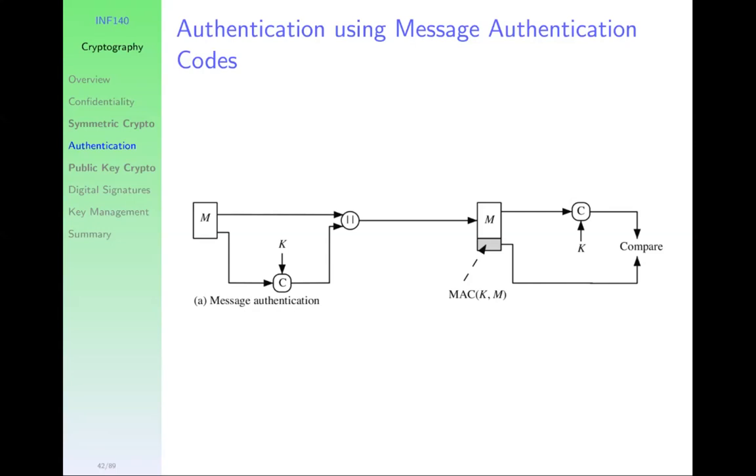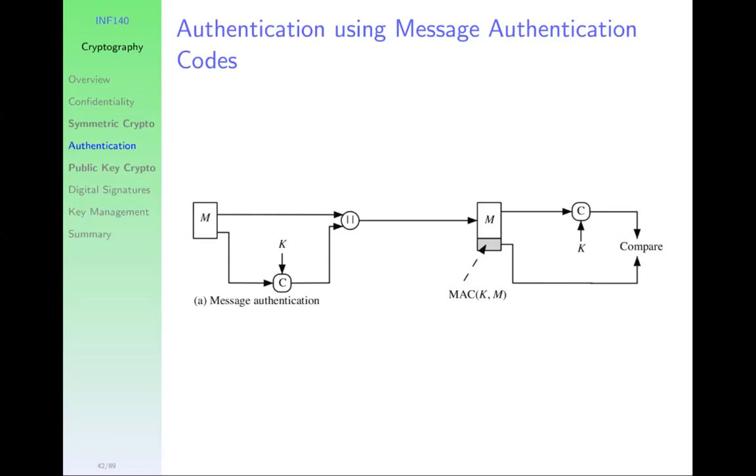What Bob can do is take this message M and put it into the same message authentication algorithm with the key pre-shared with Alice, the sender. Then he computes its output, which gives another tag, and compares this output with the tag he received.